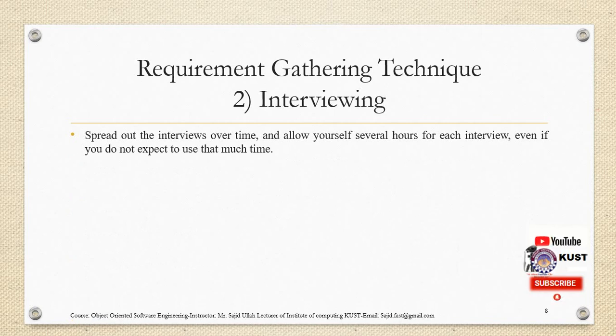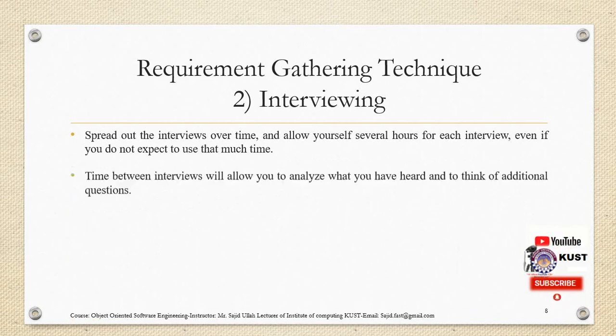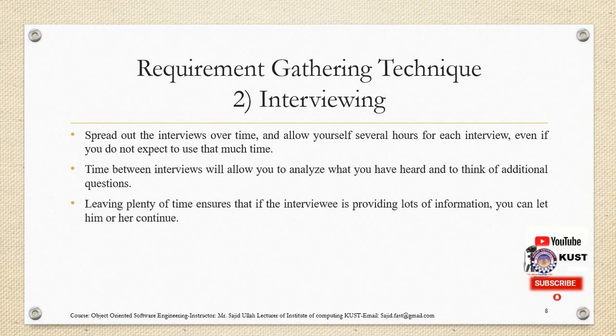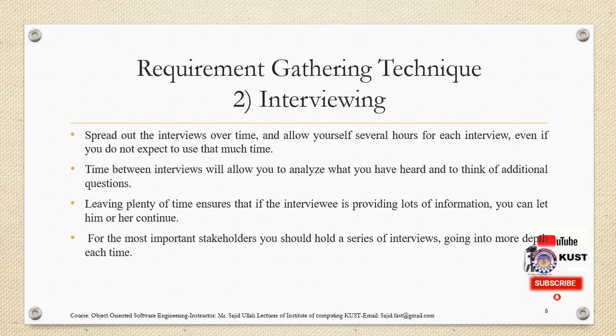Spread out the interviews over time and allow yourself several hours for each interview, even if you do not expect to use that much time. Time between interviews will allow you to analyze what you have heard and think of additional questions. Leaving plenty of time ensures that if the interviewee is providing a lot of information, you can let him continue.